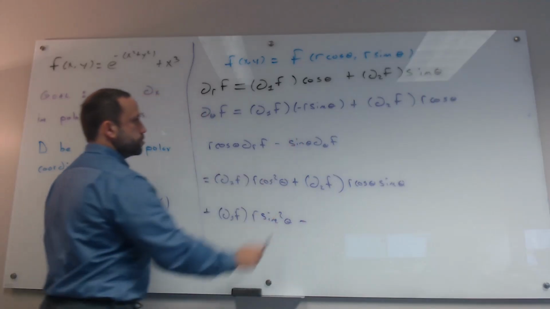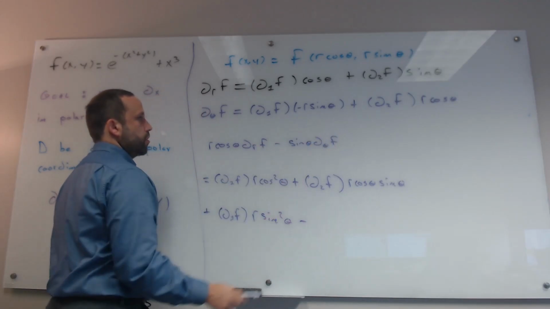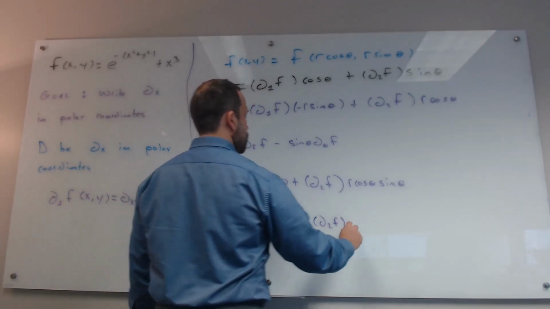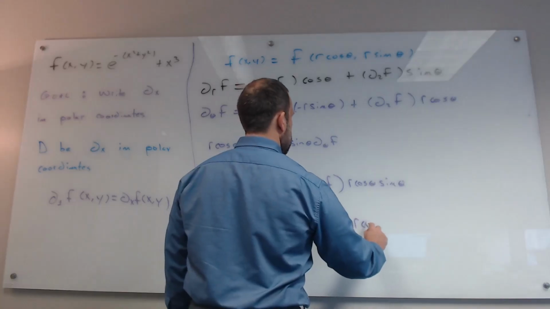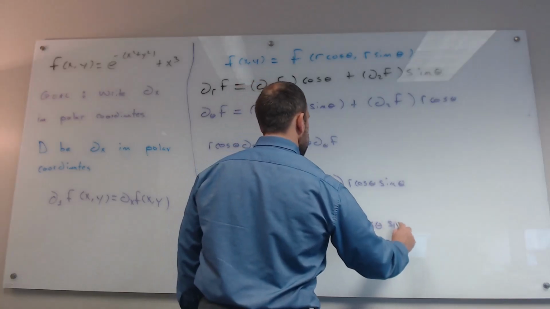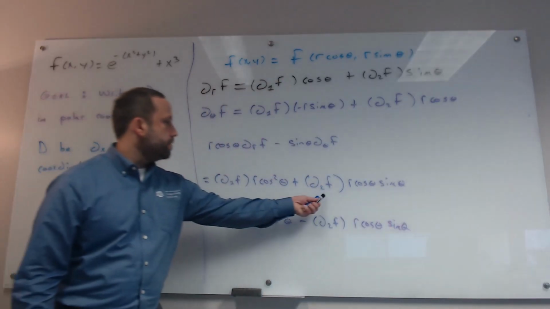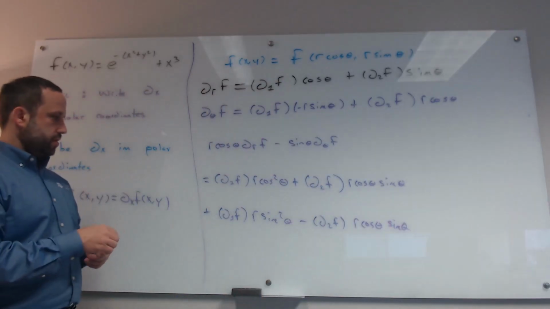And don't forget we're subtracting, so for this next term, it's going to be minus the 2 derivative of f times r cosine theta sine theta. Well, these two terms cancel out.